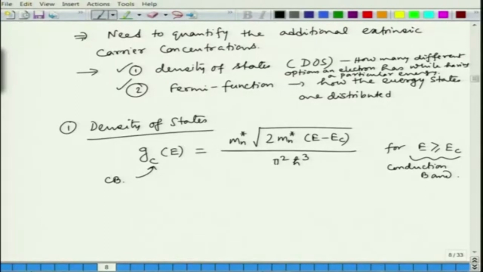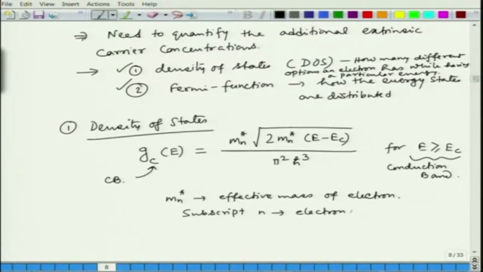Okay. Now, here this m n star is nothing but the effective mass, or often called reduced mass, effective mass of electron. Okay. So, whenever you have subscript n, that means it is for electron, and subscript p is for hole. P for positive, and it is hole, and n for negative, which is electron.